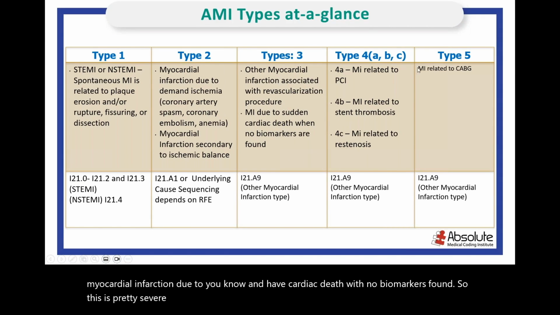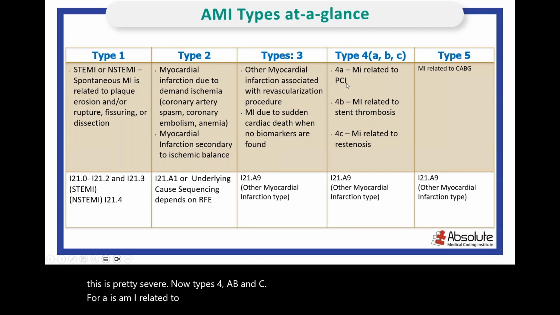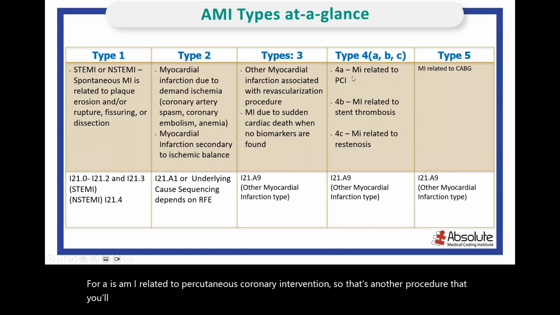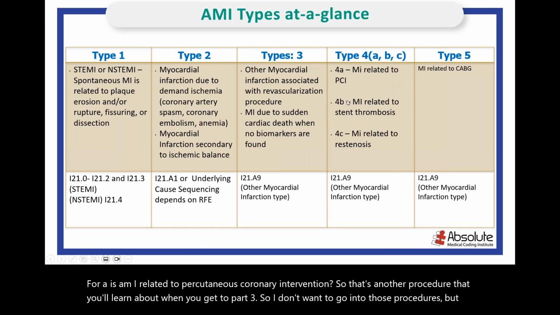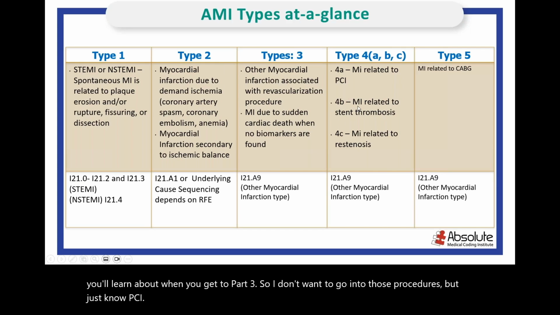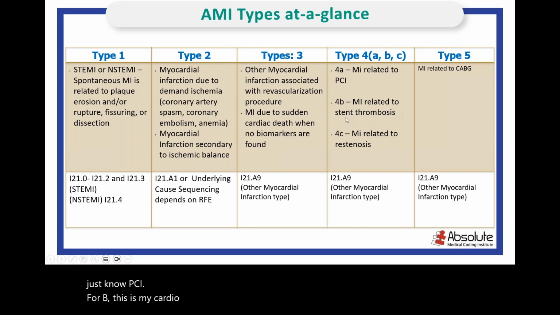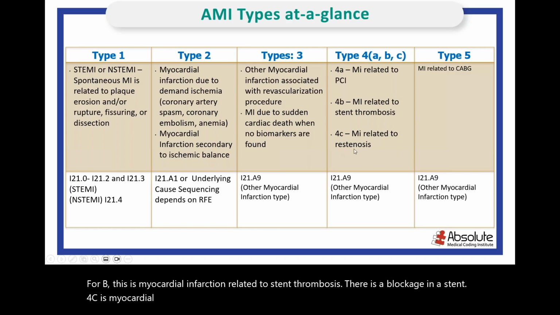Now, types 4A, B, and C. 4A is MI related to percutaneous coronary intervention. So that's another procedure that you'll learn about when you get to part 3. I don't want to go into those procedures, but just know PCI. 4B is myocardial infarction related to stent thrombosis. There is a blockage in a stent. 4C is myocardial infarction related to restenosis, and their code is I21.A9.